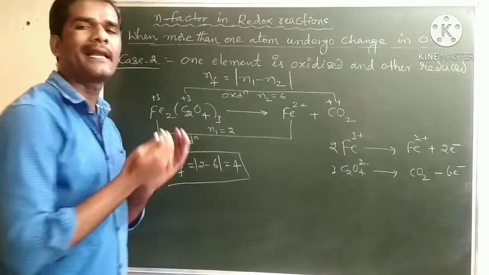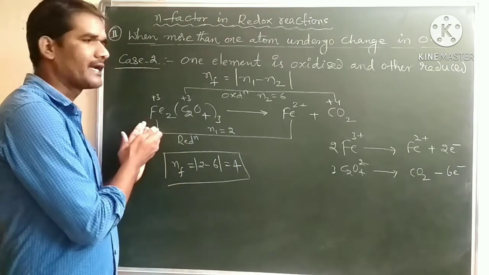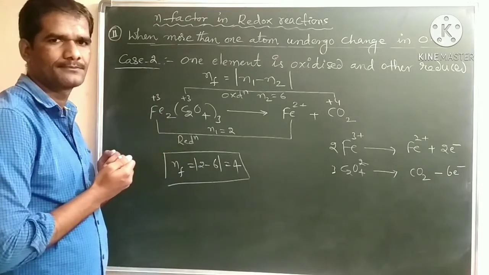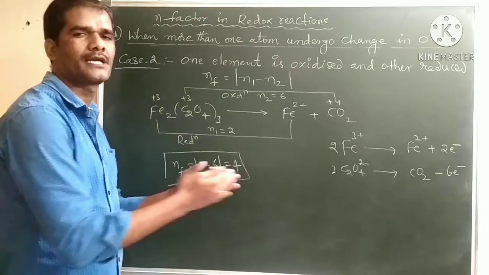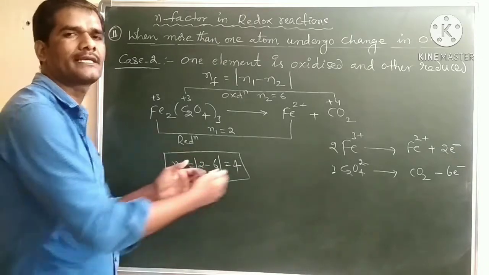Now overall electron transfer for this molecule. For iron it gains 2 electrons. Carbon loses 6 electrons. So 2 electrons it is gaining, and again it is losing 6 electrons.